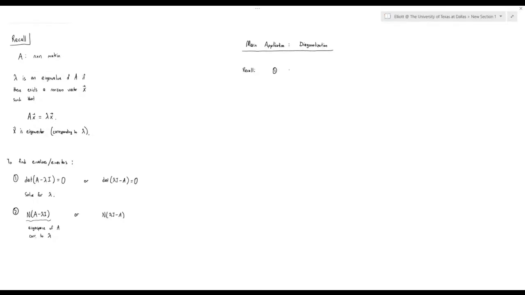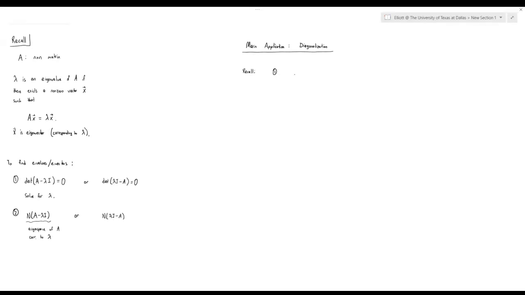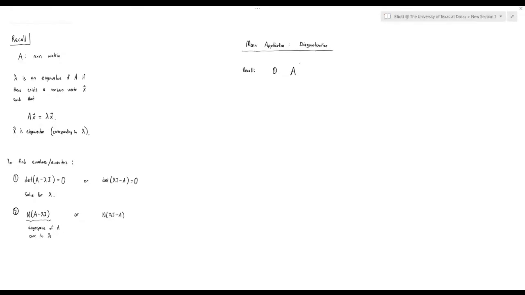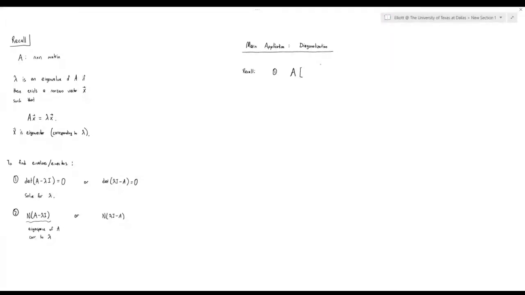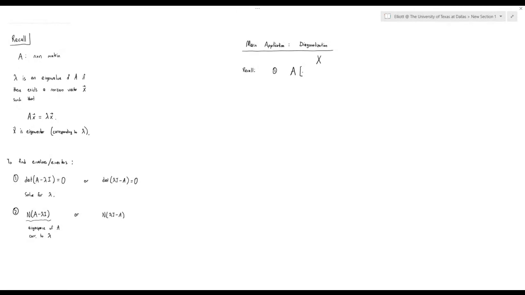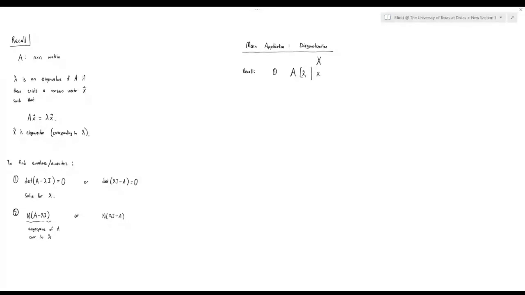The first fact I wanted to recall is when you're multiplying two matrices, let's say I'm multiplying a matrix A with a matrix X, and let's say the first column of this matrix I'll call X1. The second column, let's say, is X2, and so forth.